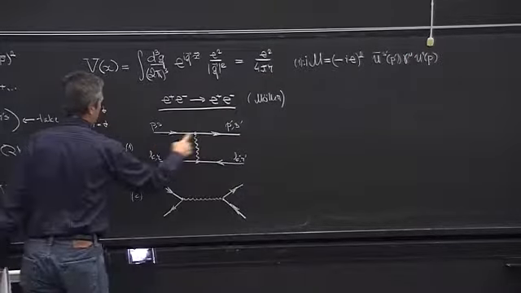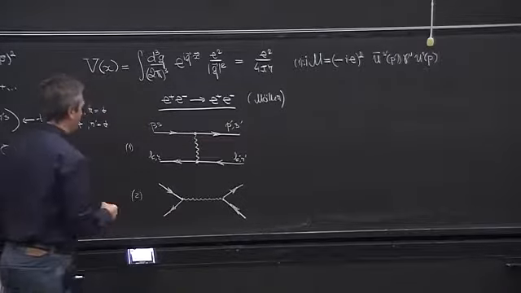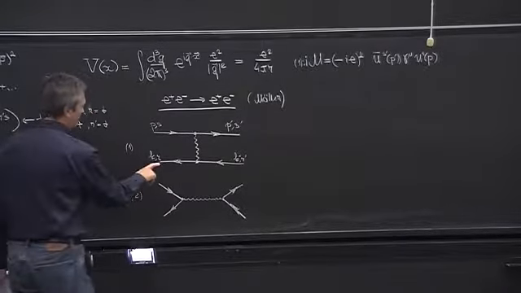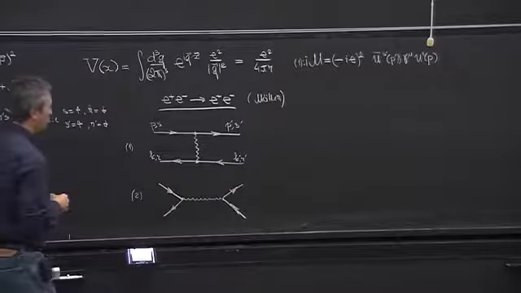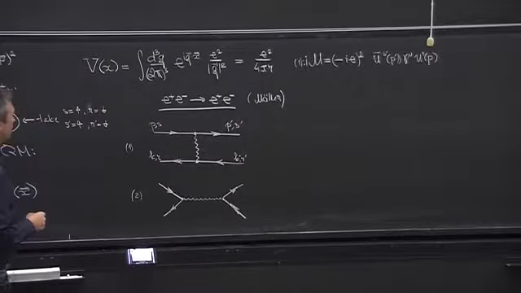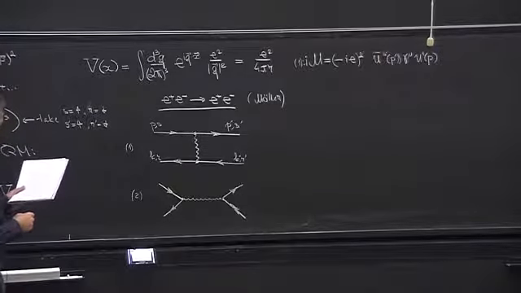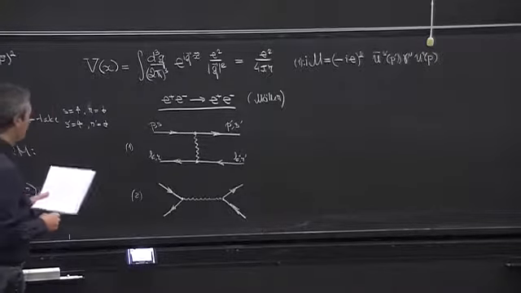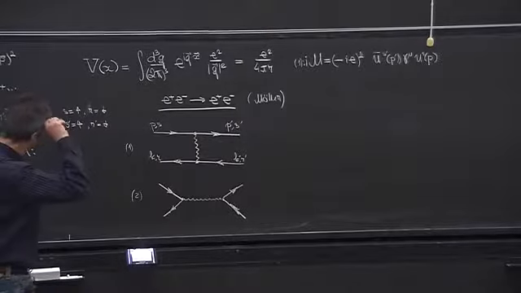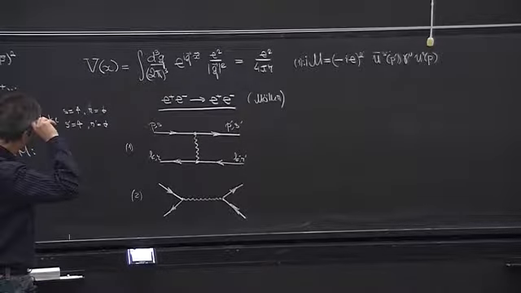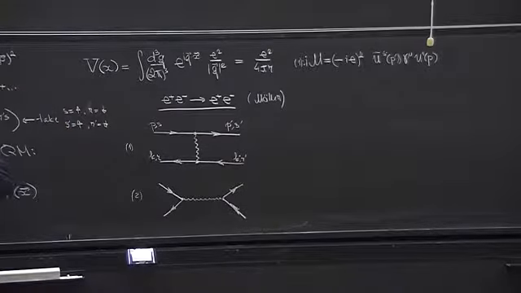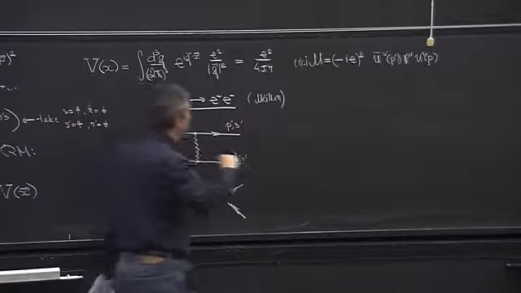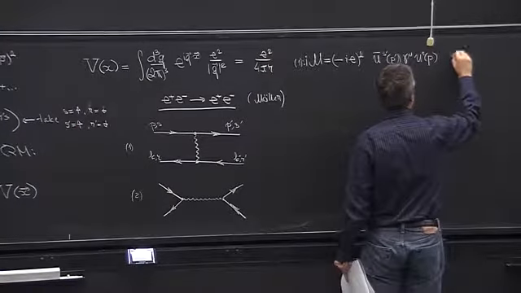So this corresponds to reading the upper line. In the lower line, on the contrary, we should read from left to right, from the initial state to the final state. So this corresponds to v bar.